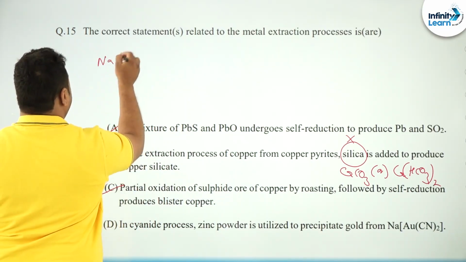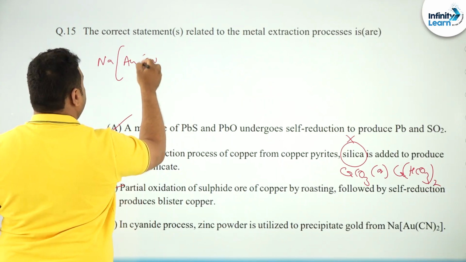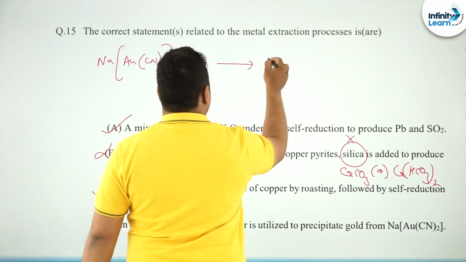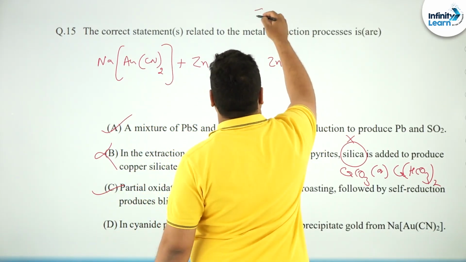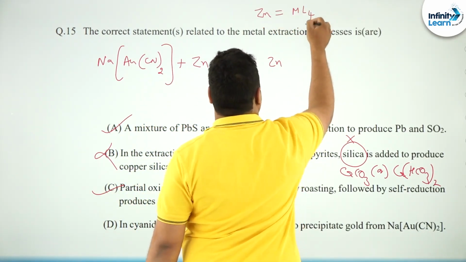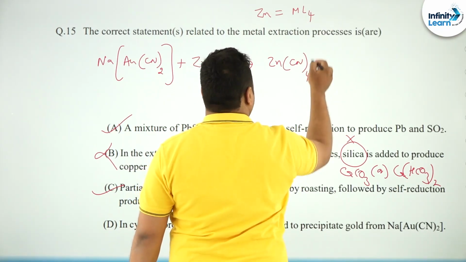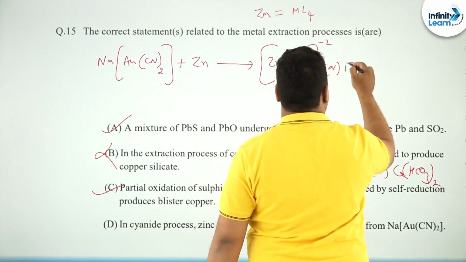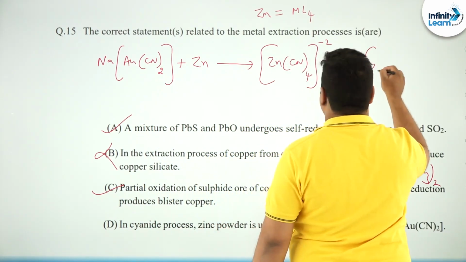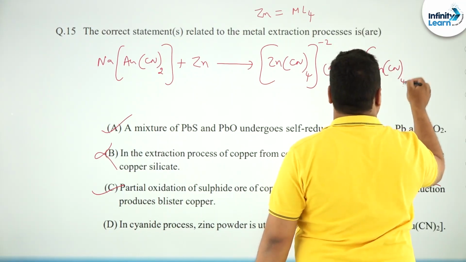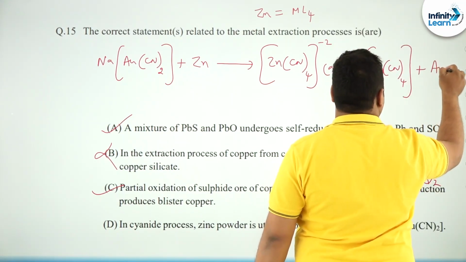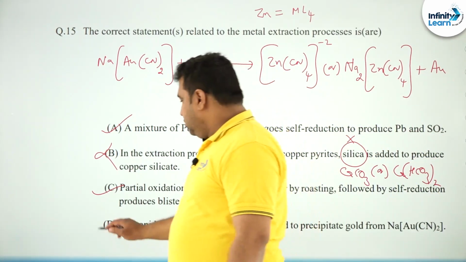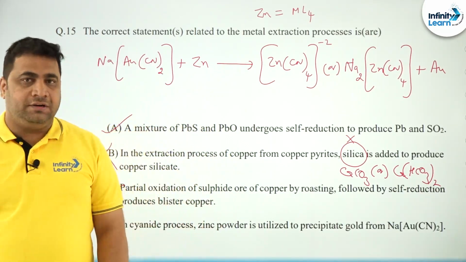So this is Na[Au(CN)2] plus zinc. You know that zinc forms which type of compounds? ML4 compounds. So, you will get [Zn(CN)4] to maintain the oxidation state -2, or you can write Na2[Zn(CN)4] plus gold will get displaced. MacArthur-Forrest process, nothing but D is that one, right.